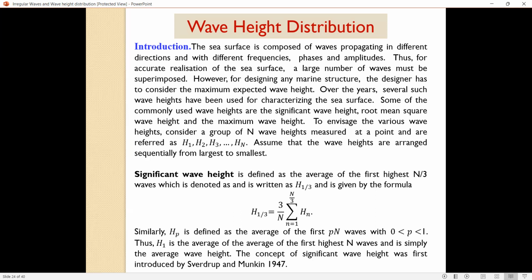What you are calculating, you can call your significant wave height, or the design wave height. Finally you have to take one wave height. Why not, instead of one third, take a fraction p which lies between 0 and 1, as a mathematical generalization, and then you call it H_p waves.